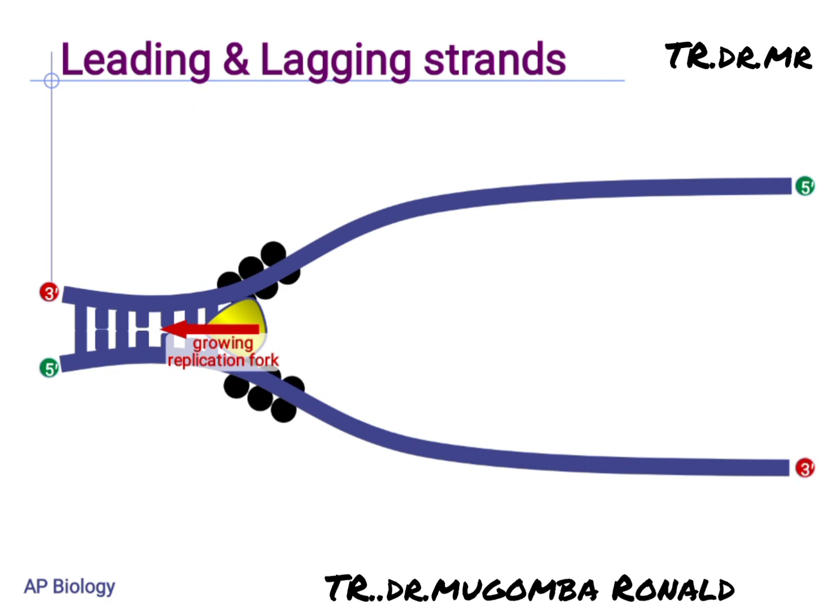So when DNA polymerase 3 is reading, it reads 3' to 5', and then it starts synthesizing DNA in the 5' to 3' direction.